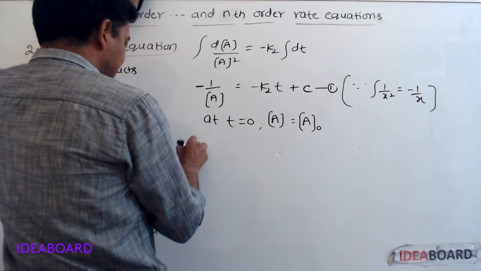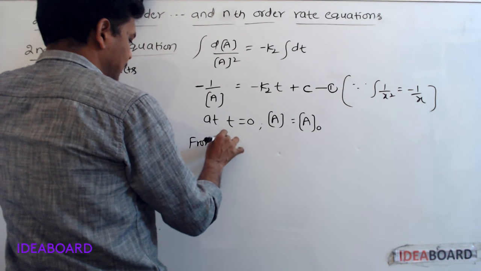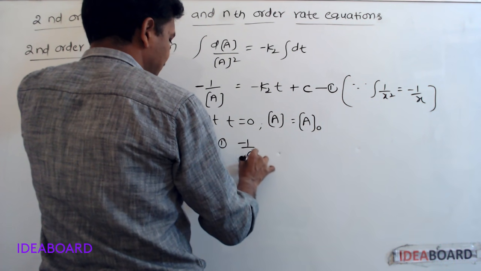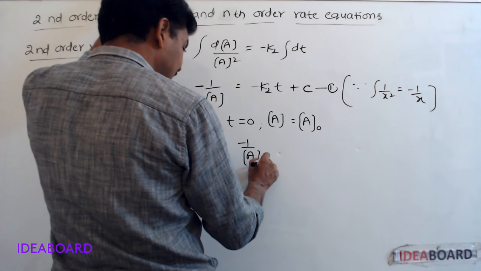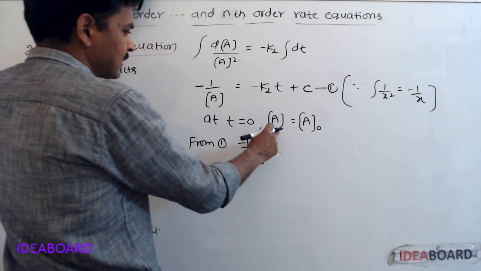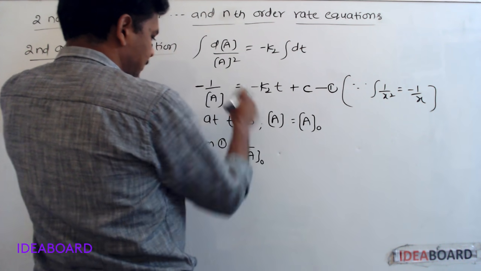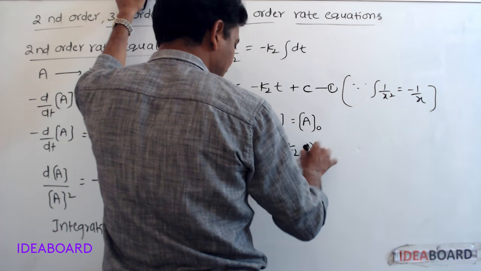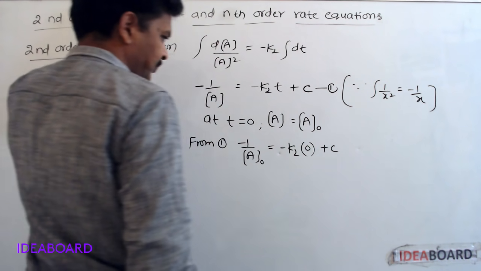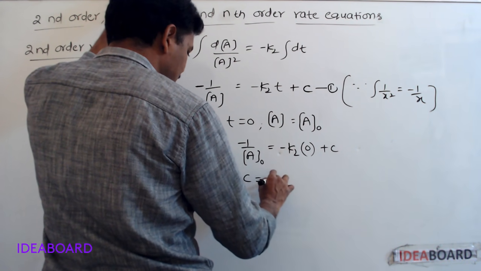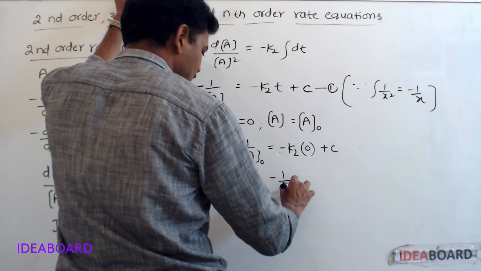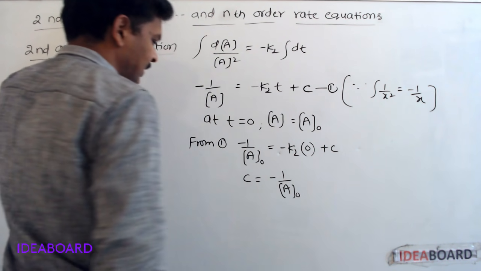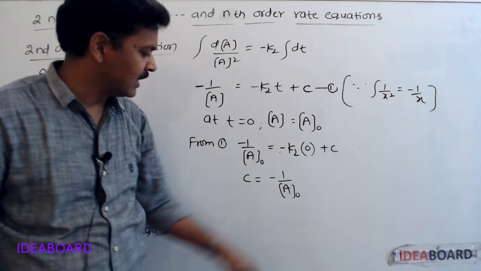Then from this first equation, minus 1 by [A] becomes minus 1 by [A] naught, because [A] is equal to [A] naught. Minus 1 by [A] naught is equal to minus K2 into 0 plus c. Then c is equal to minus 1 by [A] naught.